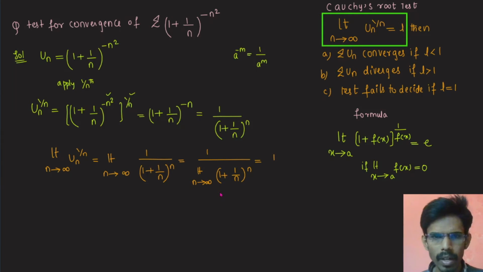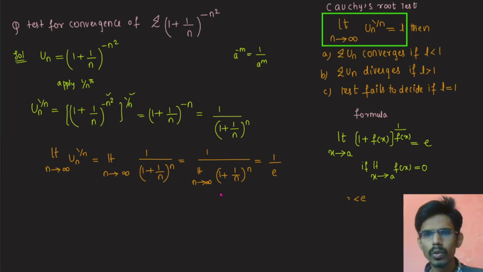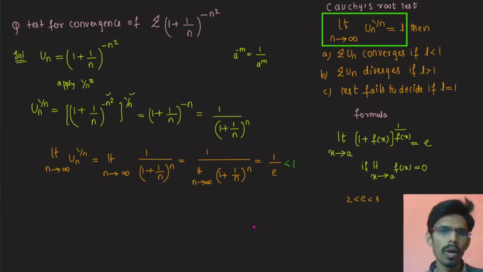So we have 1 by e in the denominator. So e value lies between 2 to 3. If I assume 2.7 is the approximate value of e, then this term will be less than 1.